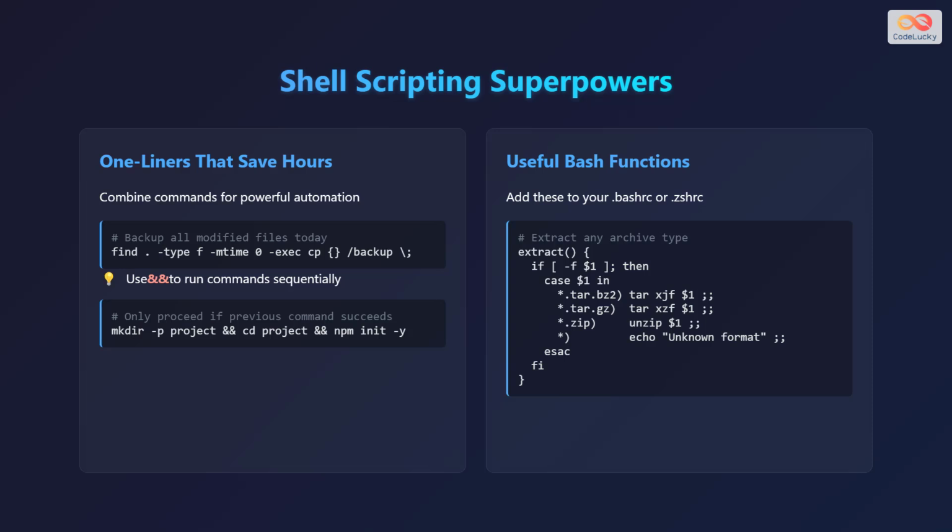Here's an example of a function to extract any archive type. extract() { if [ -f $1 ]; then case $1 in *tar.bz2) tar xjf $1 ;; *tar.gz) tar xzf $1 ;; *zip) unzip $1 ;; *) echo "unknown format" ;; esac }. This function checks the file type and uses the appropriate command to extract it.